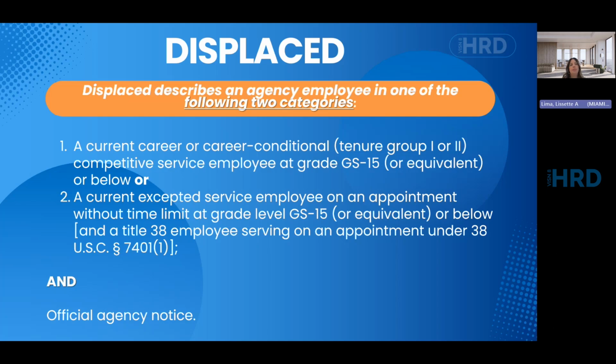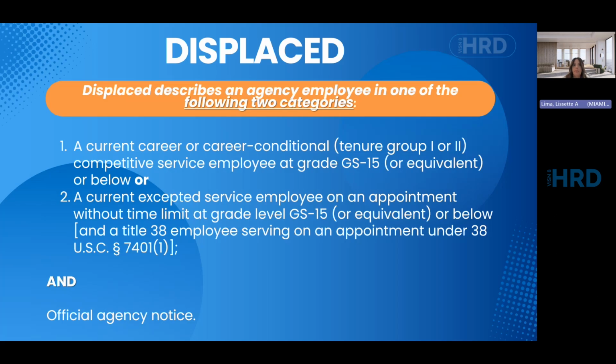So now we come into the displaced employee definition. There are going to be two categories. It's very similar to the other: career conditional, tenure group 1 or 2, GS-15 or below or equivalent, or current accepted service on an appointment without time limit. Again, same circumstances under GS-15 or equivalent, and a Title 38 serving on an appointment like the others, 38 USC 7401.